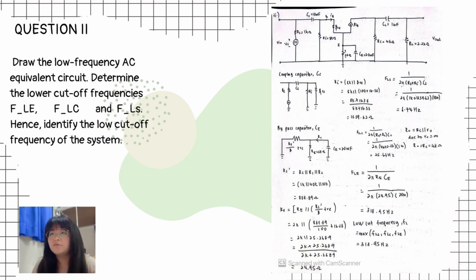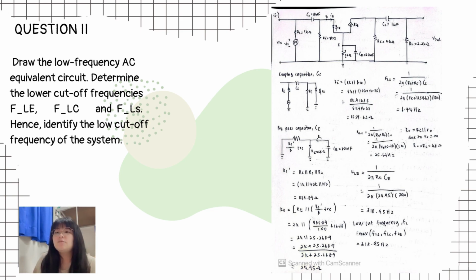After that we need to use the bypass capacitor CE, as the circuit is drawn below. We need to find the value of RS inverse, where RS is parallel to R1 and R2, and we can get the value of RS inverse equal to 188.89 ohms.